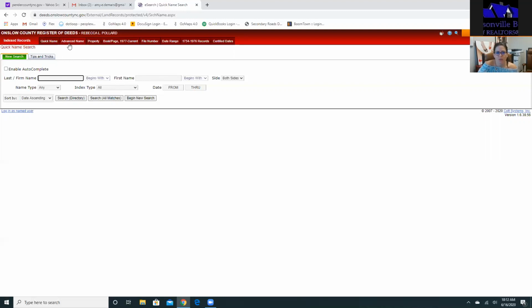We're going to be working mostly in advanced name today since we're looking for those restrictive covenants. We'll go over a little bit under property because this is another great way to find deeds and everything. This is that book page area. So if you'd pulled a deed and it had told you where to find the restrictive covenants, or somebody else had given you those numbers and said, hey, I think this is where those restrictive covenants are, you can type it in just as a book and page number, which is a super fast way to do it.